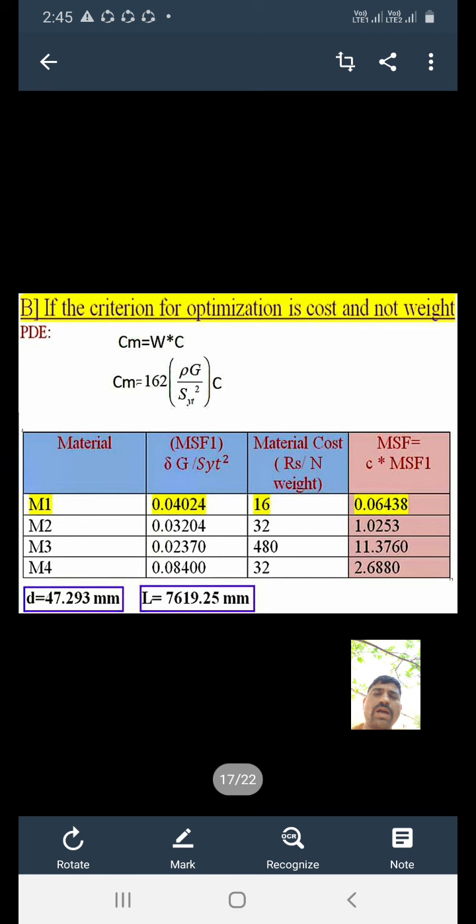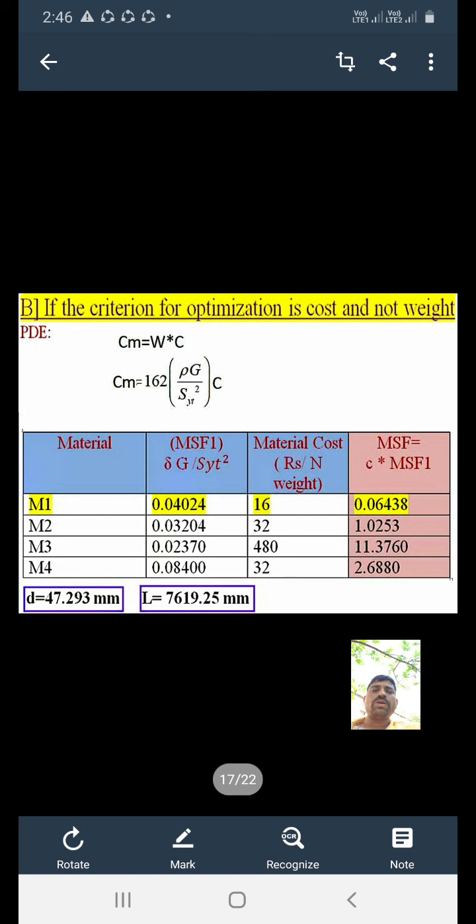If the criterion of the optimization is cost and not weight, when only you have to optimize the cost, then see which value you will get. Again the d and L values. Cm is equal to W into C. We have seen both values, cost and weight. But if you are given only the criterion for optimization as cost and not weight, then you will get those two formulae.